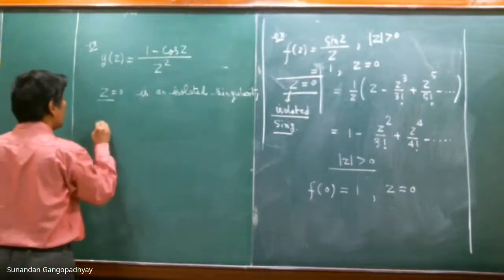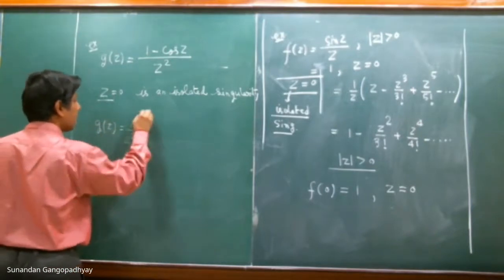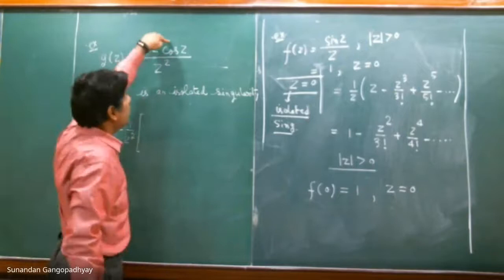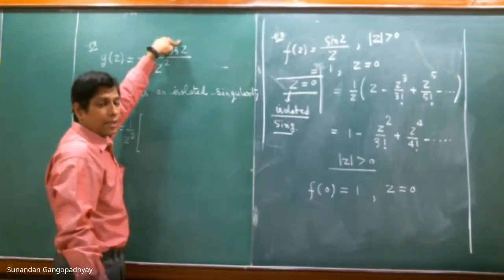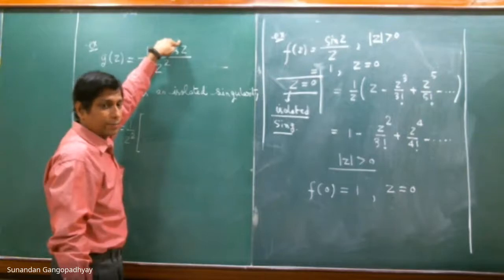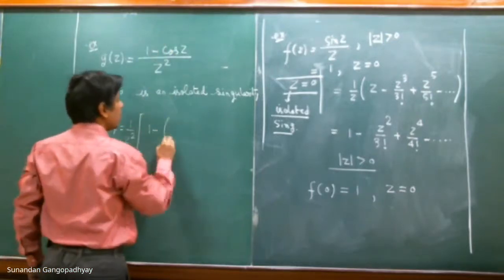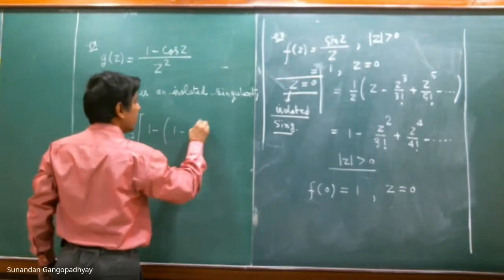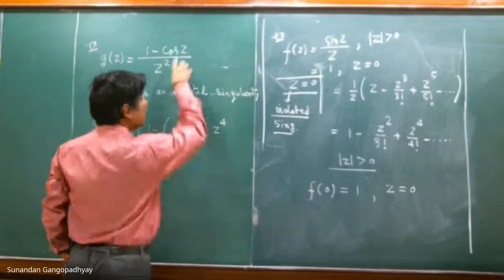So g of z, you can write this down as, by the way, I have given cos z. This cos z is an analytic function and I have left it as an exercise for you to expand it. Please do it at home. If you do it, you will see the expansion of cos z is 1 minus z square by 2 factorial plus, so I am giving you the answer now.